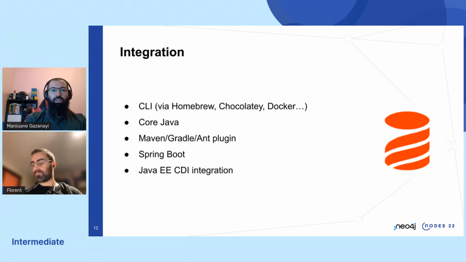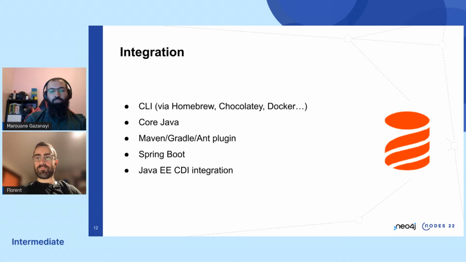If you don't have any application running under a JVM, you can just install the CLI tool, which will give you the ability to execute all your changes against a database. You can install it either by Homebrew, Chocolatey, or use the official Docker image that contains the CLI directly, and then execute everything through your favorite Docker container.